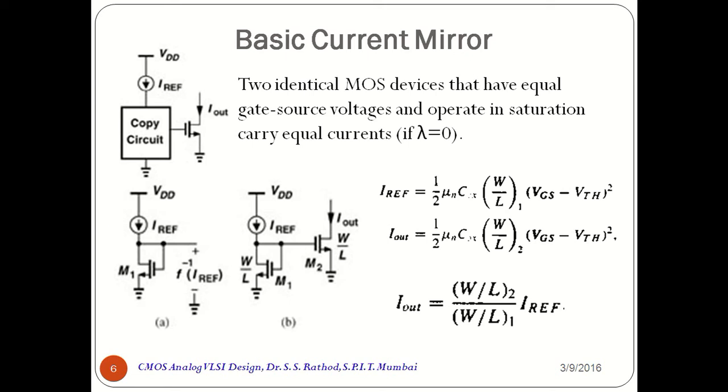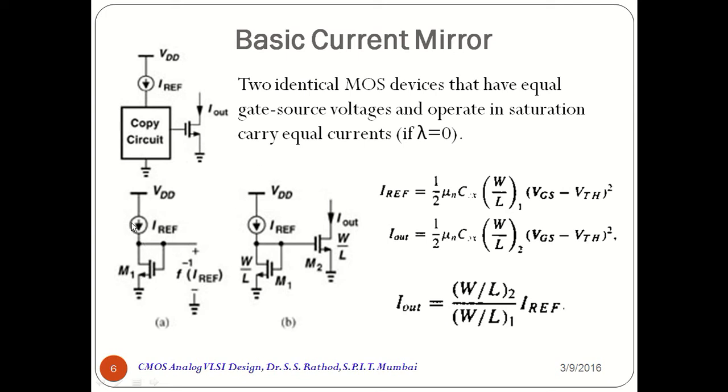So for example, that is shown in this figure, there is a copy circuit and it is biased with a reference current I reference, and it is going to produce VGS for this transistor, and this VGS will produce I out.